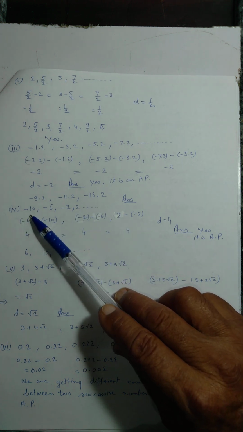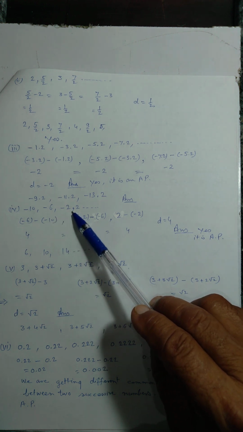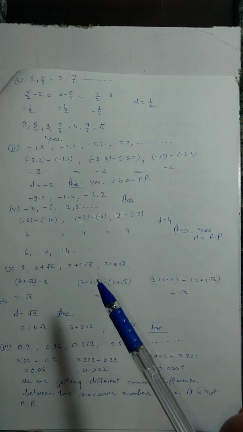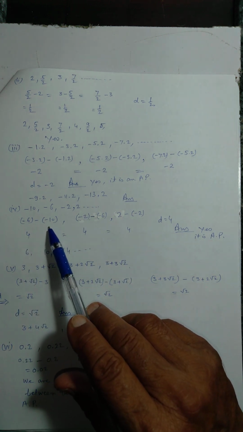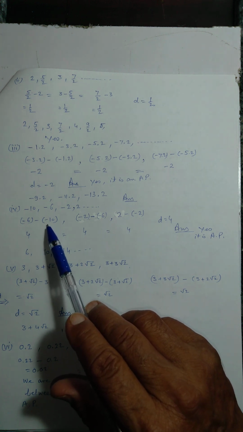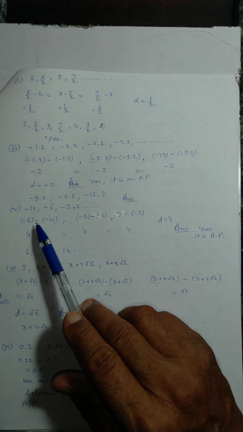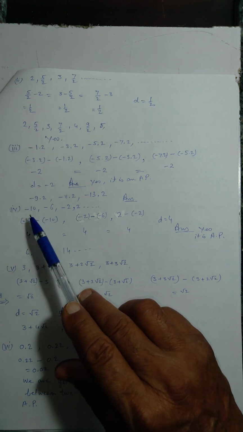Now the fourth part, that is minus 10, minus 6, minus 2, and 2, and so on. In order to determine the common difference, subtract the first term from the second term, or you can say the succeeding term minus the preceding term.